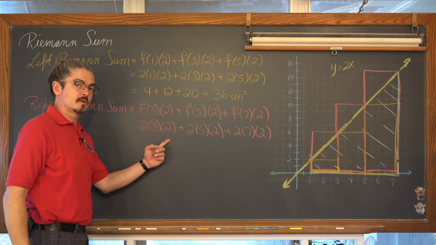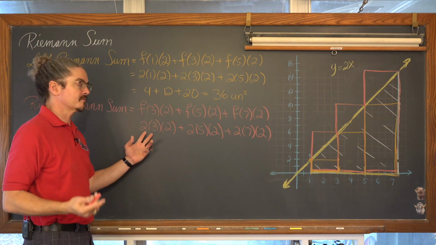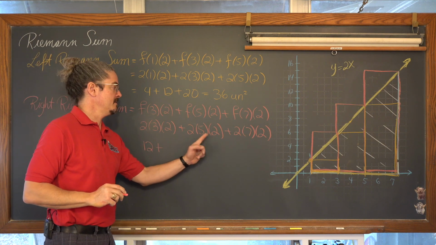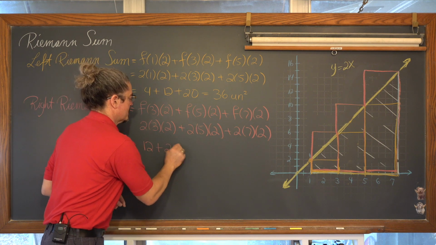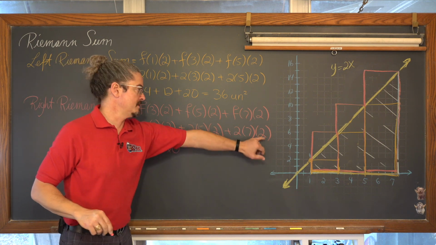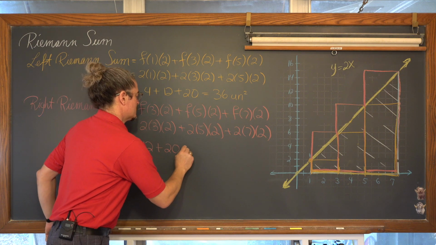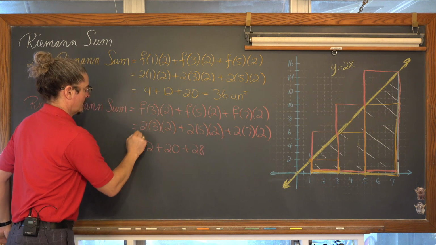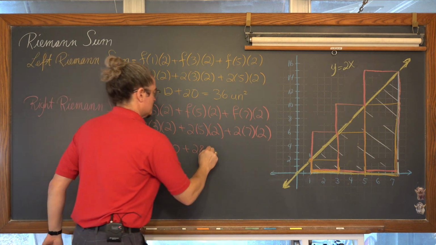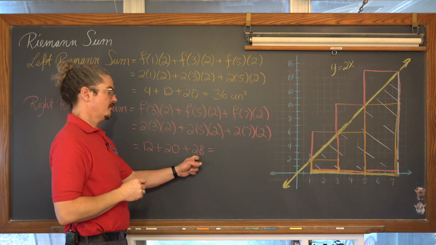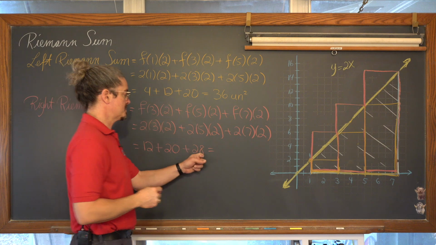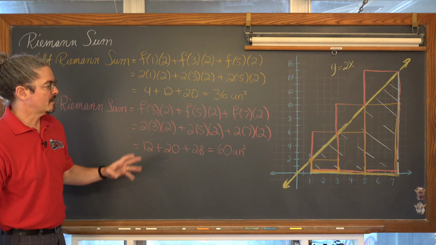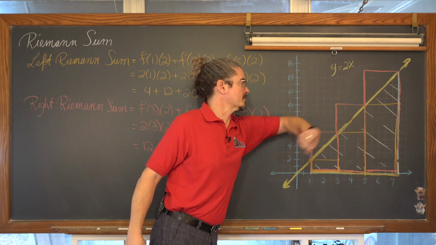A height of 6 times the base of 2 is an area of 12 for our first rectangle. We have a height of 10 times the base of 2, which is an area of 20 for our second rectangle. And 2 times 7 is 14, times 2, which is an area of 28 for our third rectangle, giving us a right Riemann sum equal to 12 plus 20 plus 28, which is 60 square units.